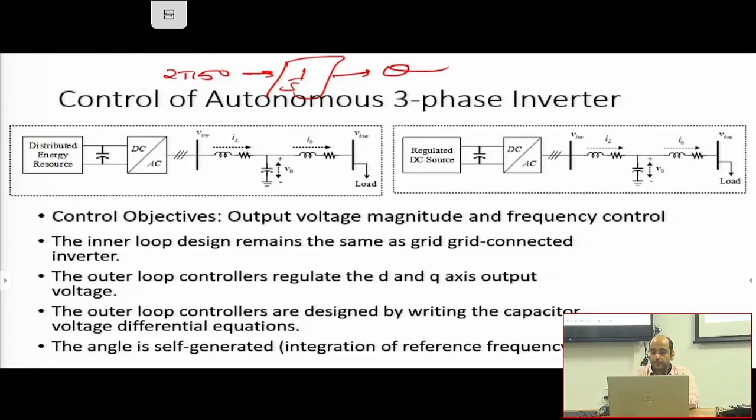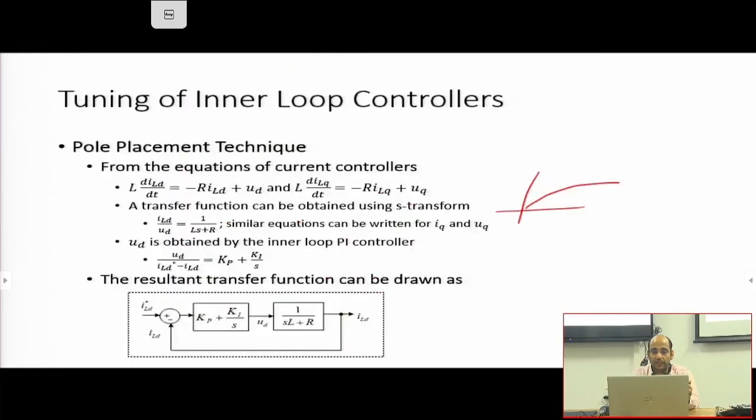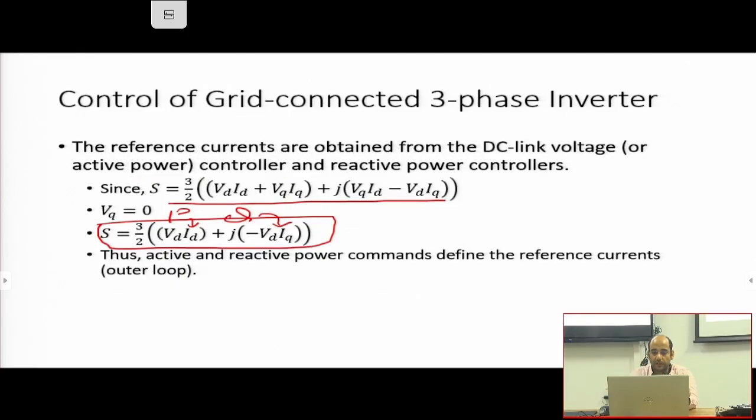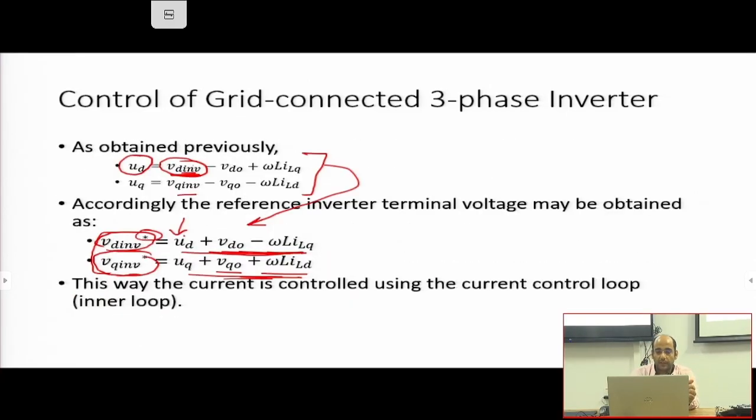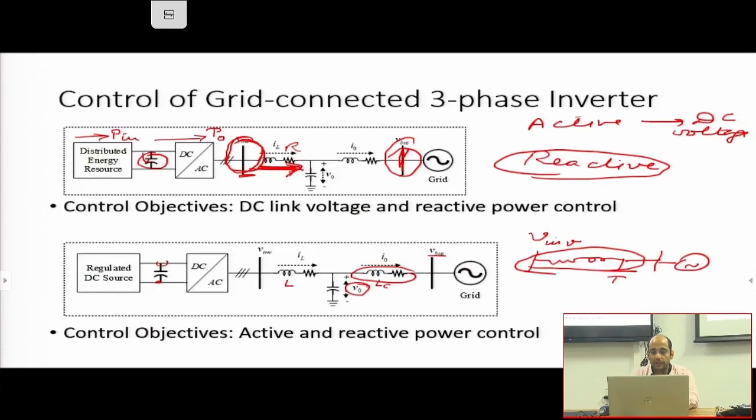I'll tell you. The minor difference, if you see here, is in the feed forward term, VDO and VQO. These are the voltages which are controlled by the grid. You see here, this output voltage is controlled by the grid, assuming this drop is small, correct?